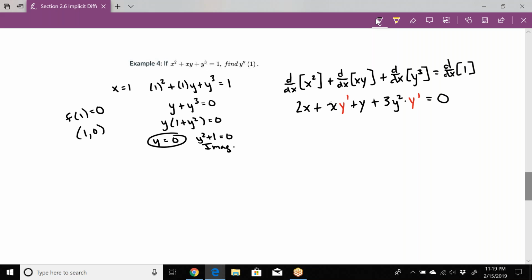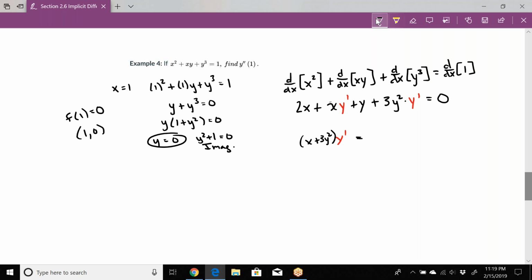So let's try to isolate y prime. So y prime, if we get it on one side by itself, the two terms that go with that guy, I'm going to leave them over here on the left, is an x and a 3y squared. So notice I'm already factoring those out of those terms.